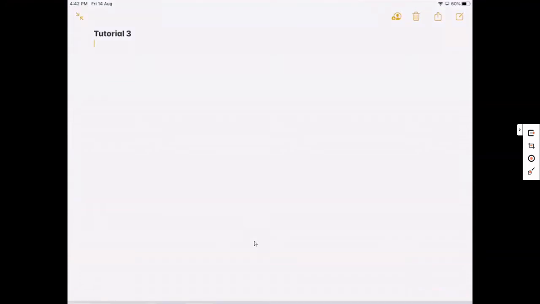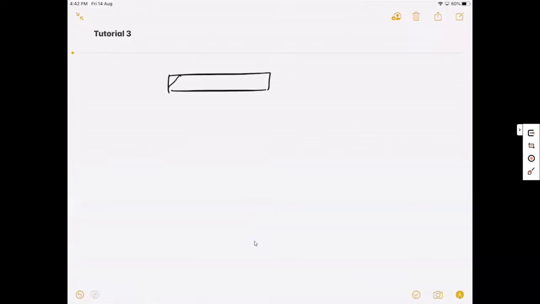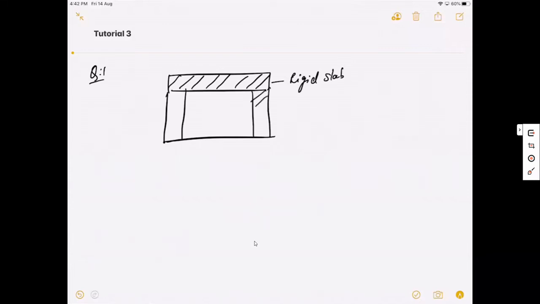As our question says, this is my rigid slab, which is attached to this copper bar, and this bar is aluminium. This is delta.